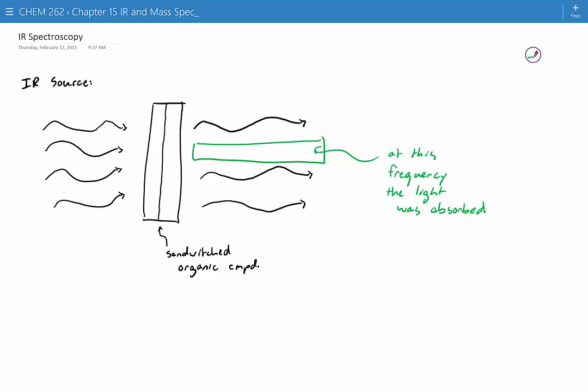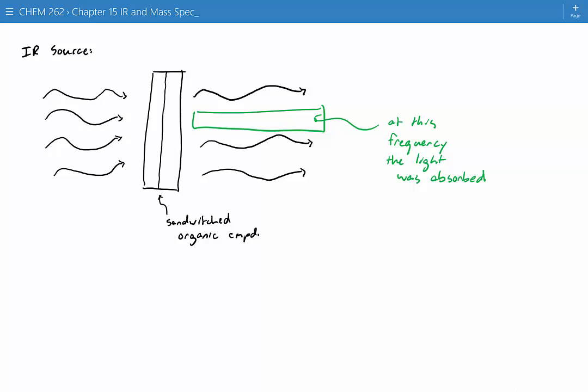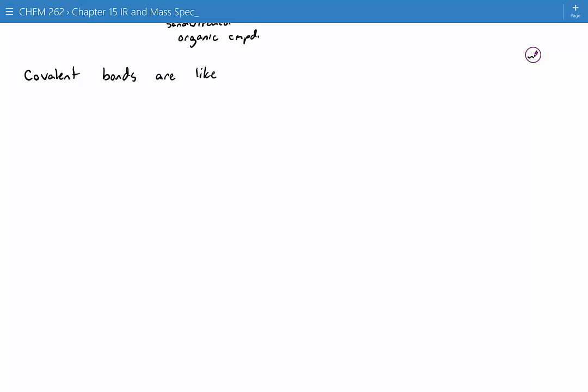And so we said that anytime IR light is absorbed, we're initiating some sort of vibration, right? So I think the easiest way of thinking about these vibrations is to relate it to springs, right? So covalent bonds are really similar to springs. Covalent bonds are like springs.